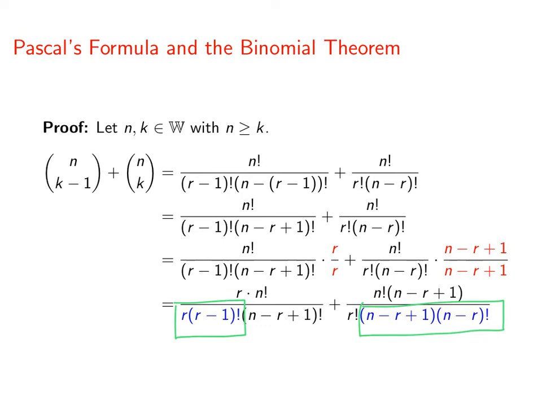The one on the left is k times k minus 1 factorial. That's just k factorial. Then on the right, there's n minus k plus 1 times n minus k factorial. That's just n minus k plus 1 factorial. We're out of room here, so I'm going to go to the next page to continue this calculation.